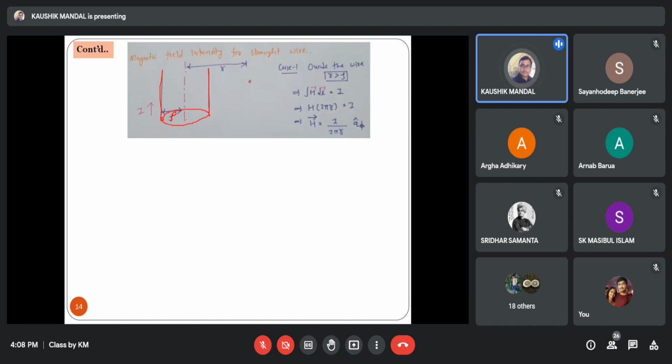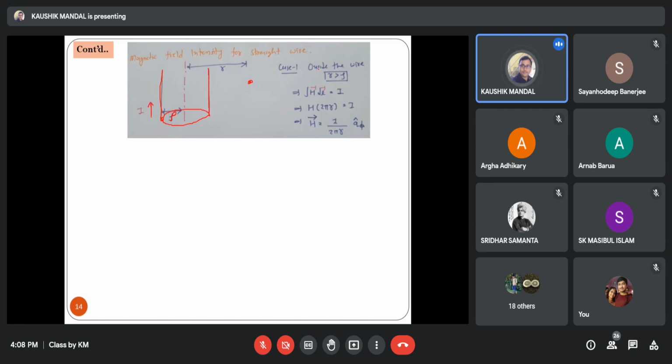Now you have to consider different situations. If the corresponding test point is outside the conducting wire, then what will be the line integral of the magnetic field intensity? And we are considering the current is flowing in the upward direction.